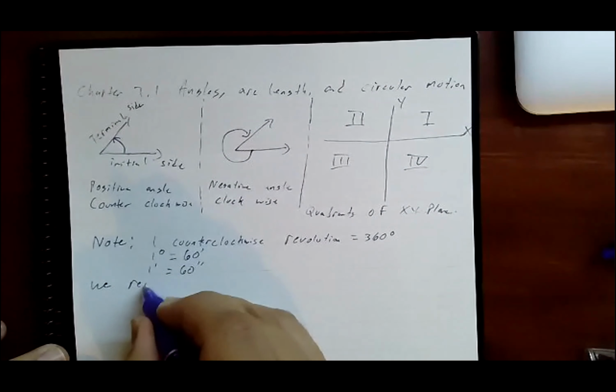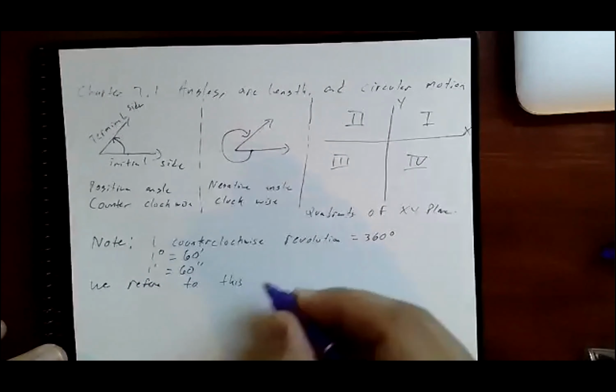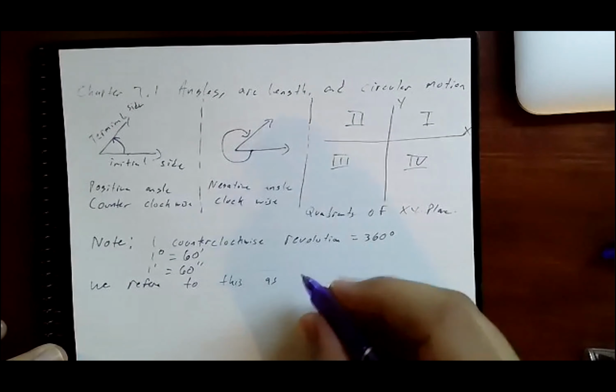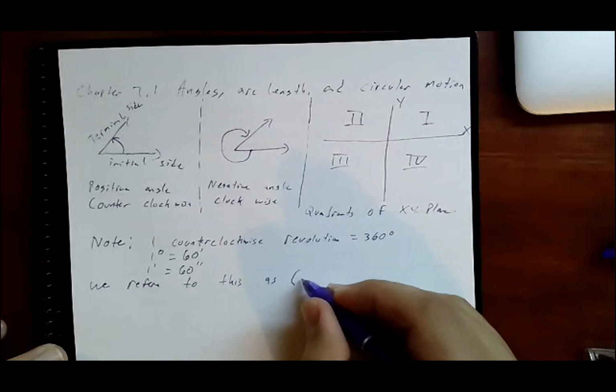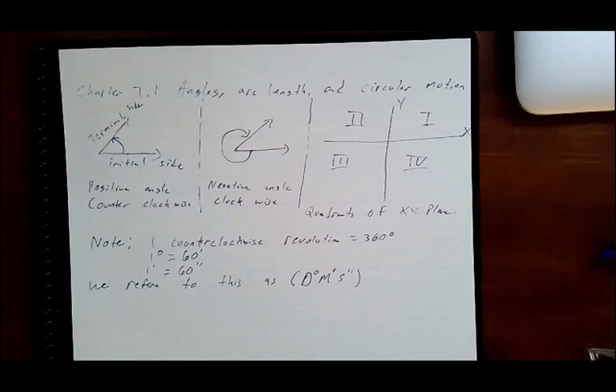We refer to this in the book and in the homework. You'll see they'll mention it this way: degrees, minutes, seconds. And they'll ask you to convert back and forth, which we'll do a little bit later.